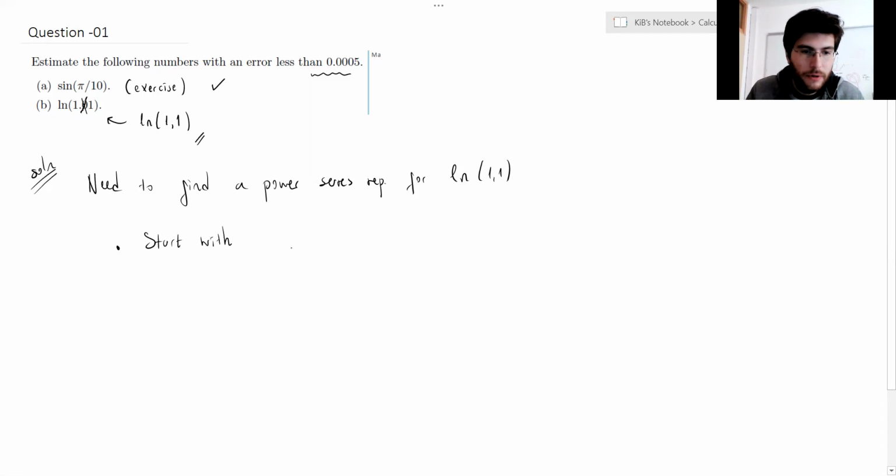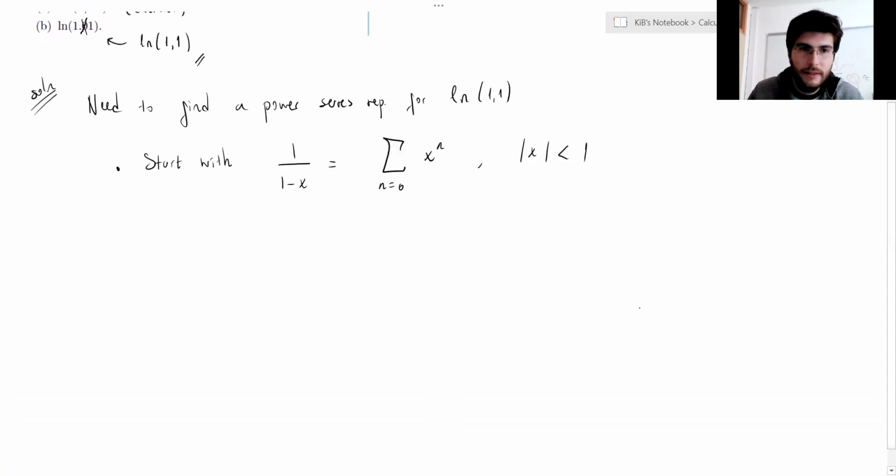We start with, for instance, this one, our old friend, 1 over 1 minus x. Let us start with the series, the sum of x to the n, starting from 0, but we should be careful. This is the case if the absolute value of x is less than 1. We start with this very well-known series. We know the radius of convergence, we know the interval of convergence, we know everything about this series. So let's start manipulating this series to reach what we need.